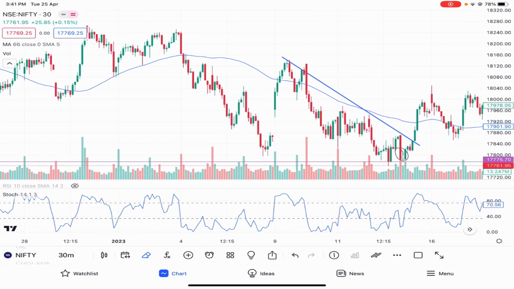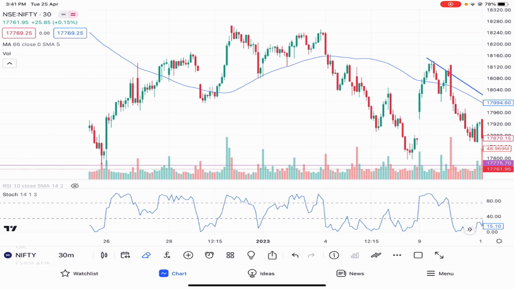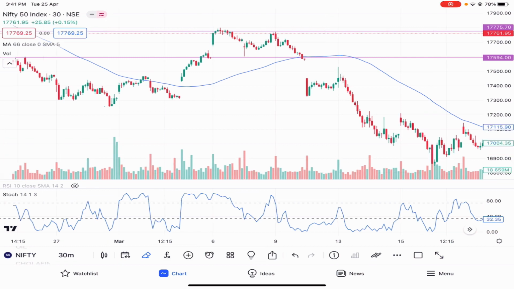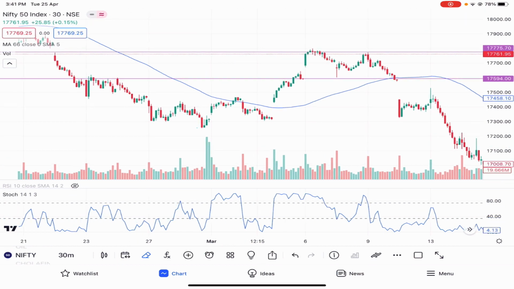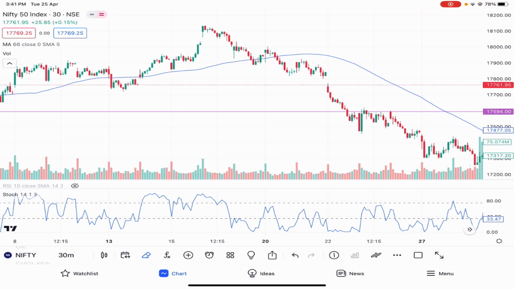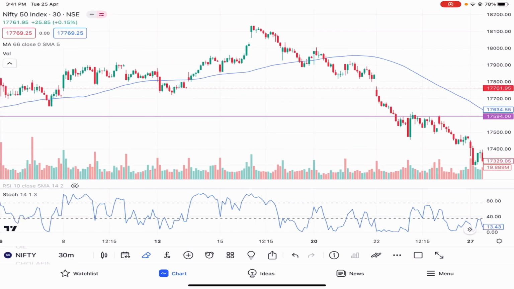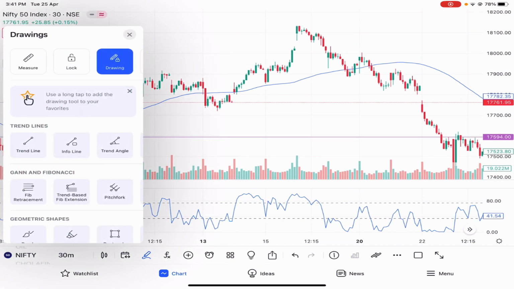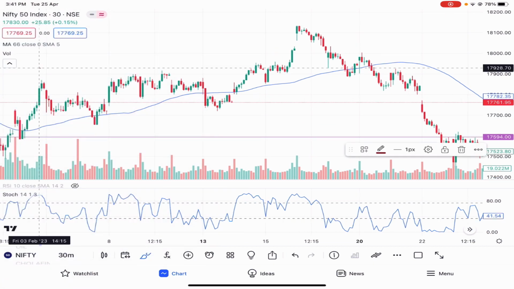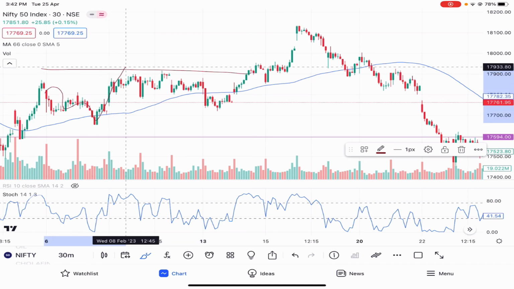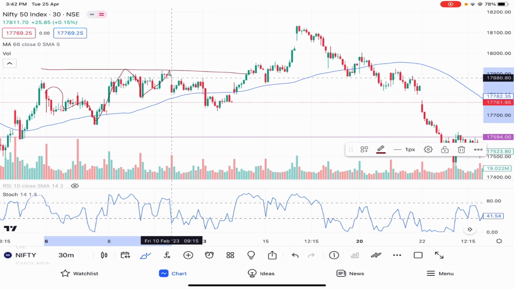So if you look at this, okay, look at this area over here. You can see that the price went up till here, came down, went up till here, came down, tried to go up, came down.